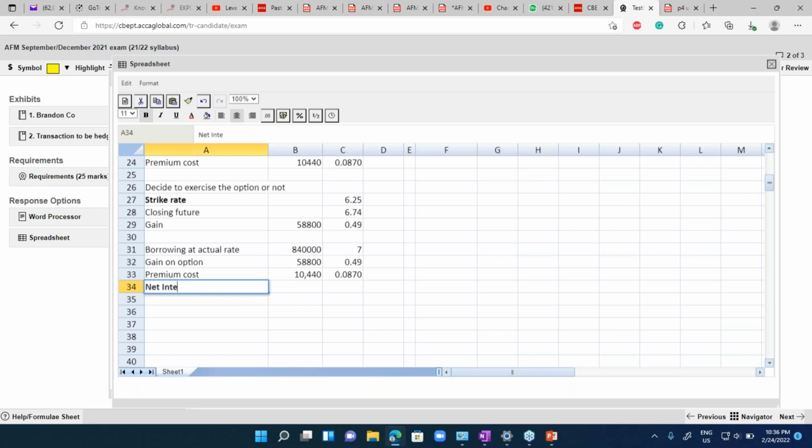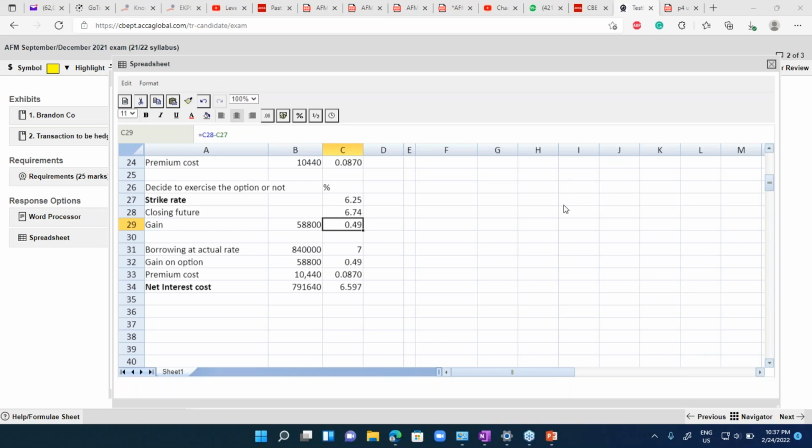Net interest cost. 6.597. So that's how you will solve the option contract. Okay, if you are thinking that taxes are complicated, ignore that. You can ignore that.